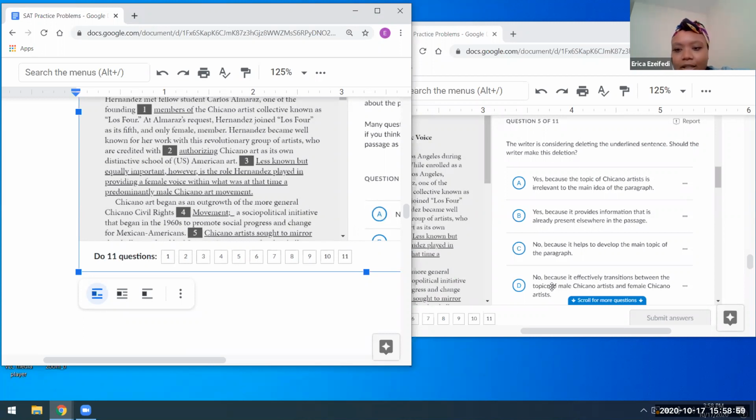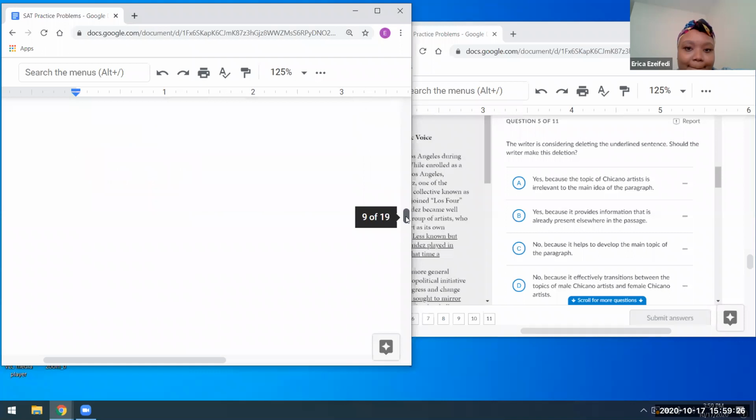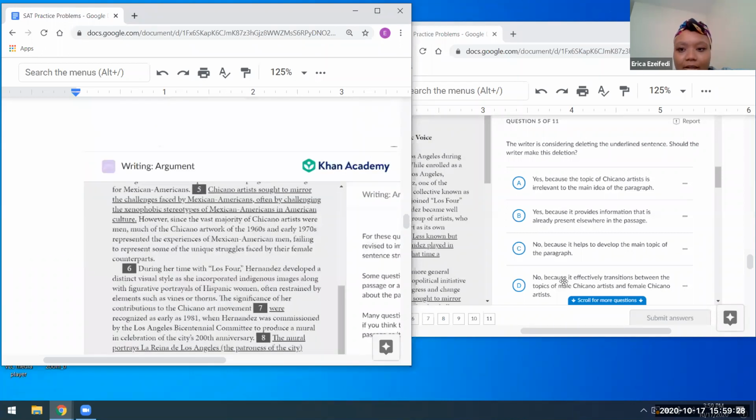So if D is correct, it's talking about transitioning from the topic of male Chicano artists to female Chicano artists. So it's not talking about any gendered artists here. So I read it from the beginning up until the sentence that number 5 is referring to. Because of that, we know that answer is incorrect. And since we already crossed off A and B and whittled the choices down to C and D, we just proved that D is incorrect.